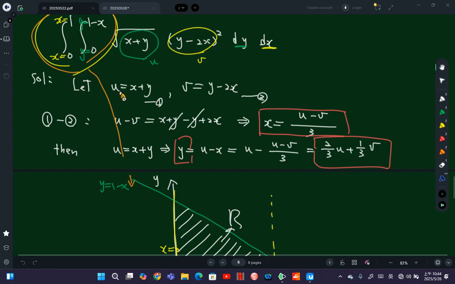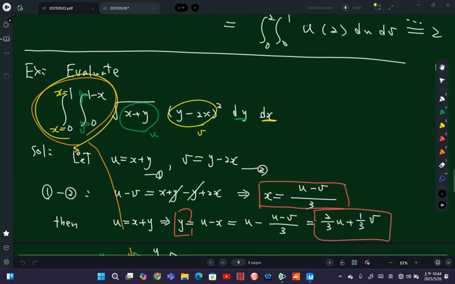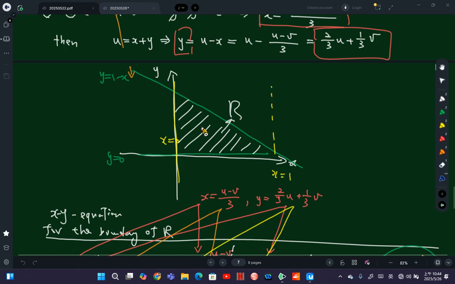Once we assign u equal to x plus y, v equal to y minus 2x, through these two equations we converted. We have u equal to some expression in xy, v equal to some expression in xy. Then we convert it into x equal to some expression in uv, and y equal to some expression in uv. Then we can use the original parameters to construct the original region.